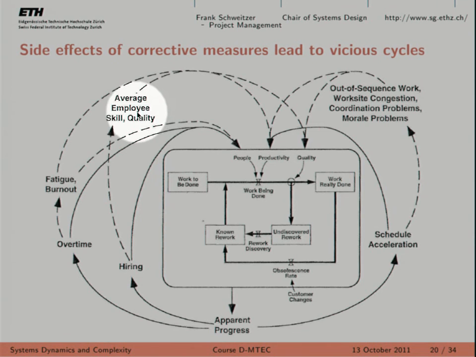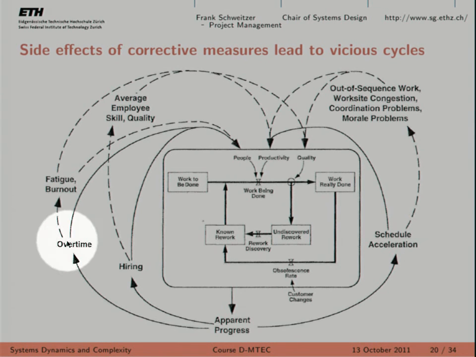Right, the average employee skill goes down, so these are the dotted lines, these are the positive feedback loops, which would affect your productivity in the mid to long term. I mean, what do you do with these people if they're not as skilled as your hiring standards? What do you do with them? Maybe the work that they're actually doing is not as good. So you would increase that feedback here, the quality feedback. So this is one example.